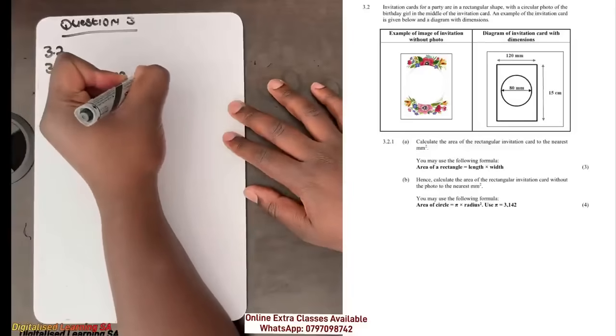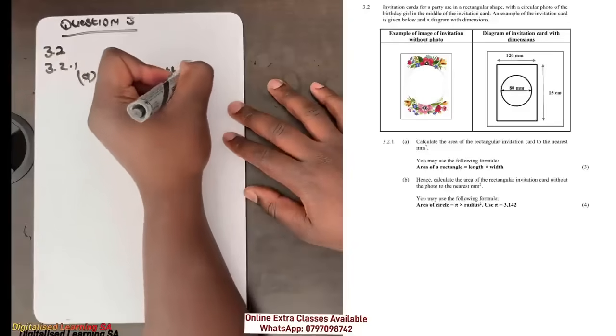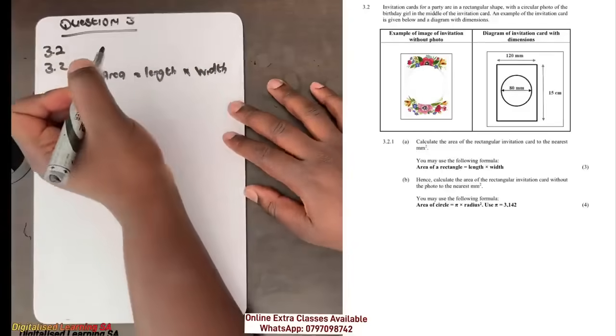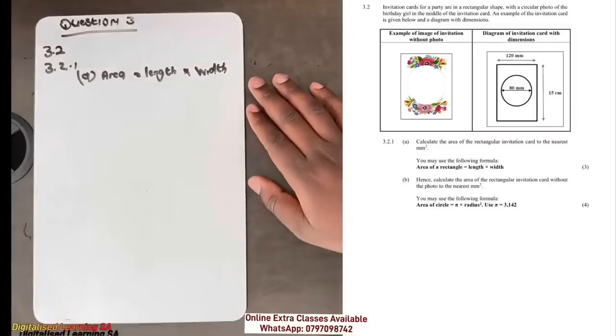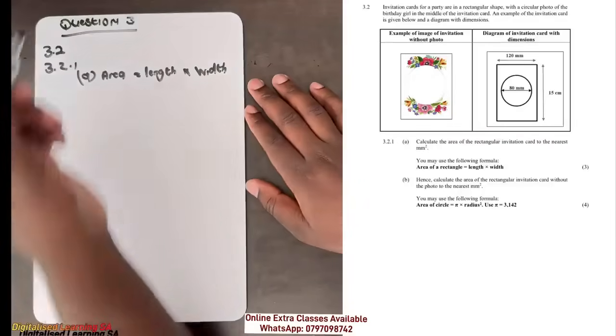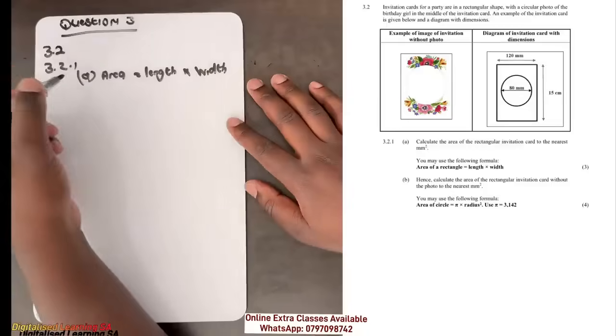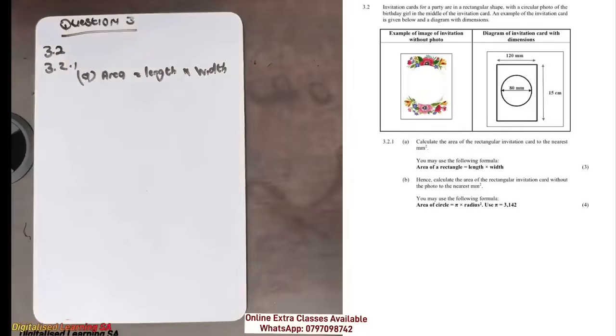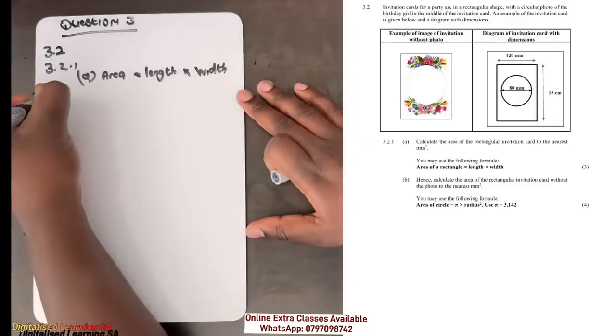Our area will be length multiplied by width. So if we check our length, we can see that it is given in centimeters. So we need to convert it to millimeters.